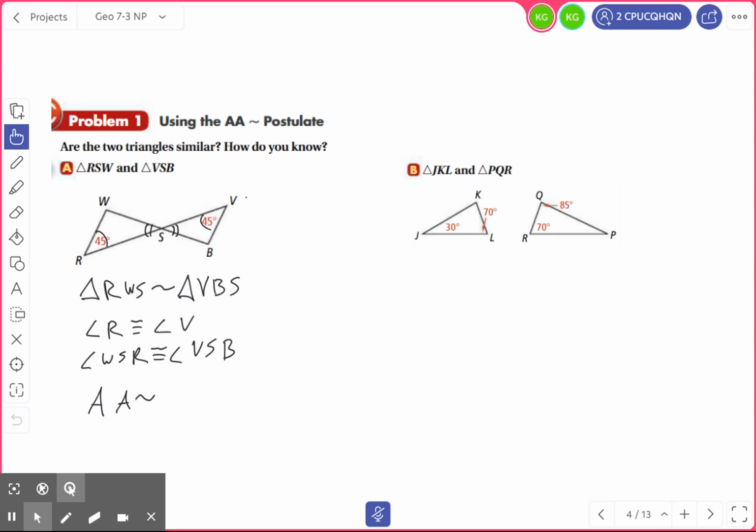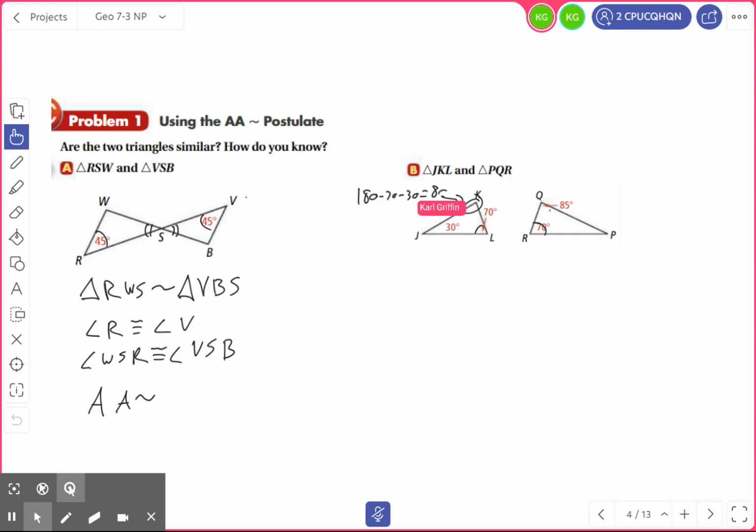All right. For B, we've got JKL and PQR. Are they similar? Well, let's look. We know they have one angle in common, and this top one is 85. Let's figure out if this top one is also 85. Well, we know the three angles have to add up to 180, so if we take away the 70 and the 30, what are we left with?